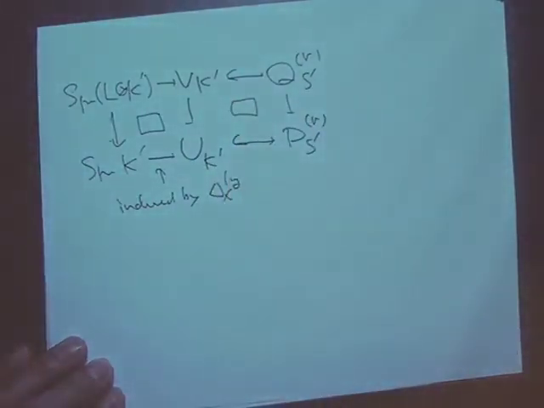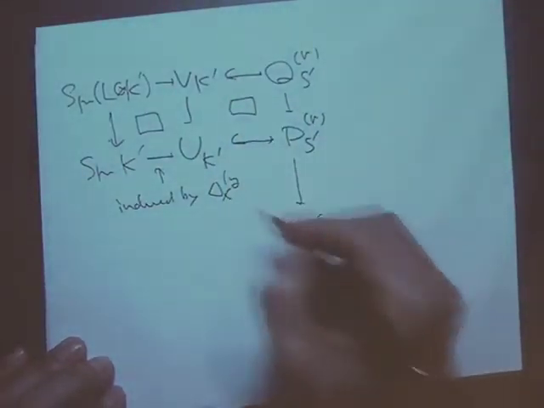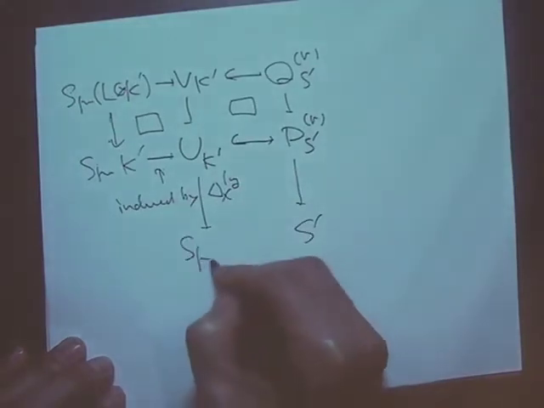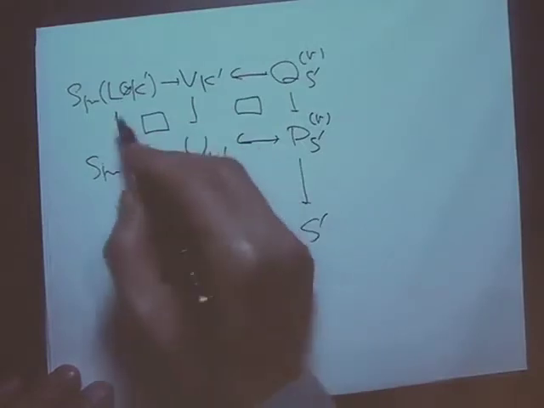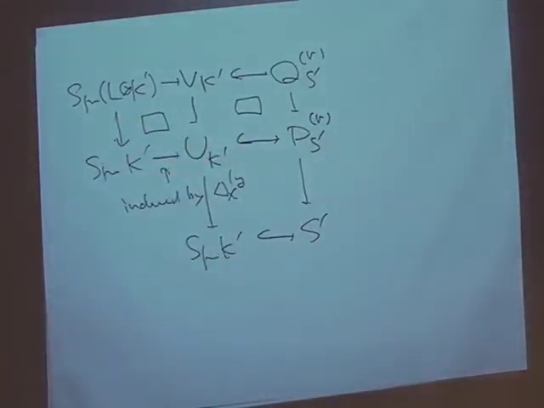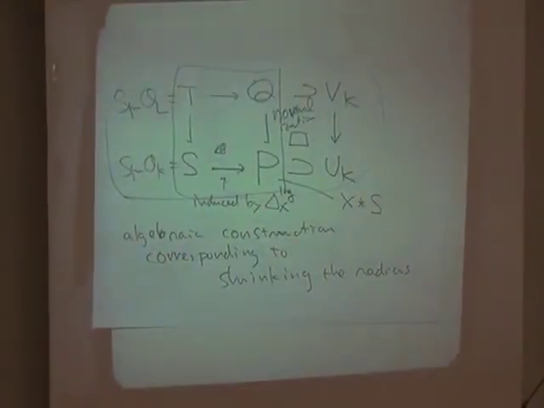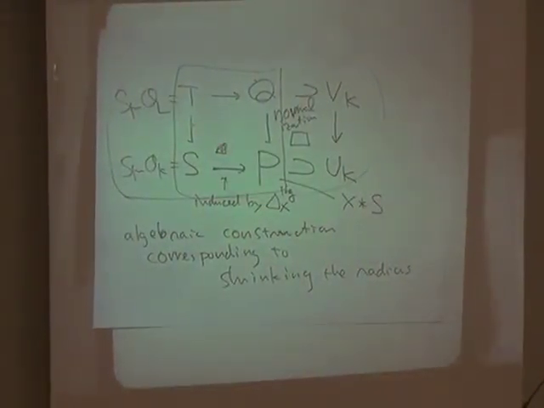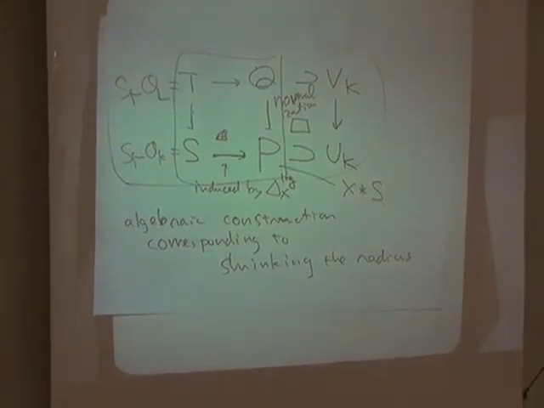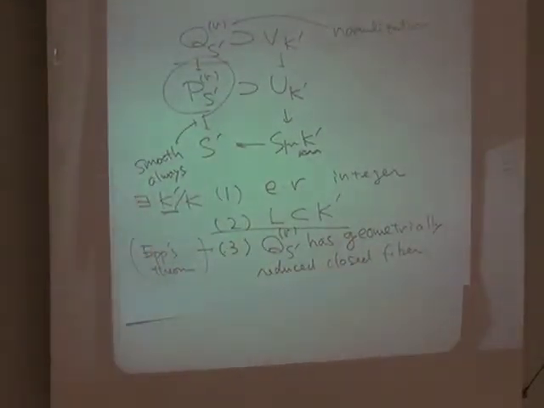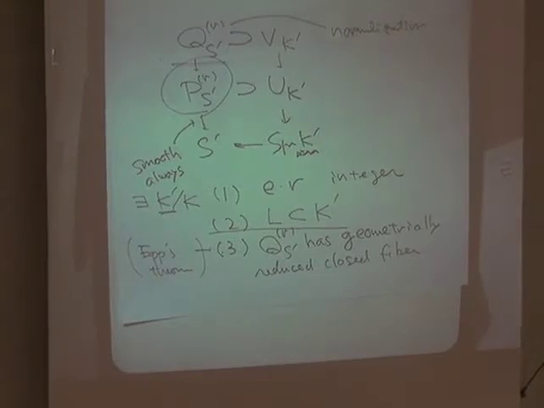So we have this Cartesian diagram. This is the generic fiber. And by our assumption that this splits, by this condition, we can identify this with G.